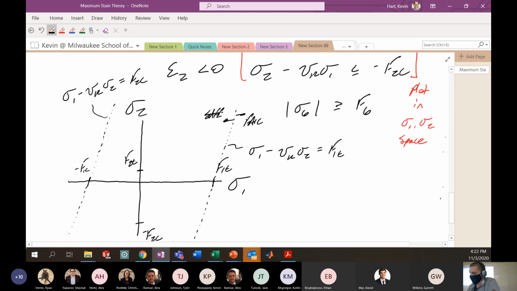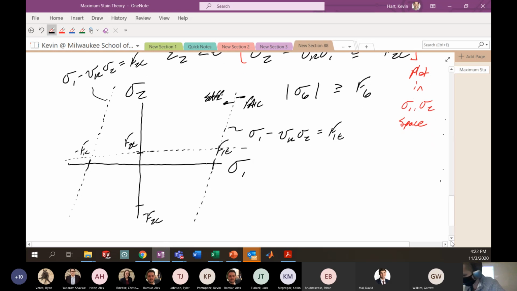We can continue on with our remaining equations. I'm not going to write them all in here, but you get the general idea. There's a slight upward slope to that one. Similarly down here, a slightly upward slope. That would be equations 3 and 4 on that list up there.